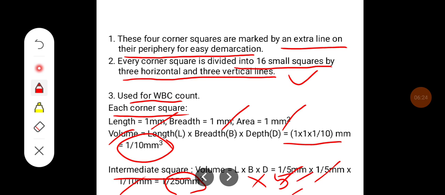So the RBC counting volume becomes 5 divided by 250, that is 1 by 50 cubic millimeter. That is the volume in which we are going to count RBCs.